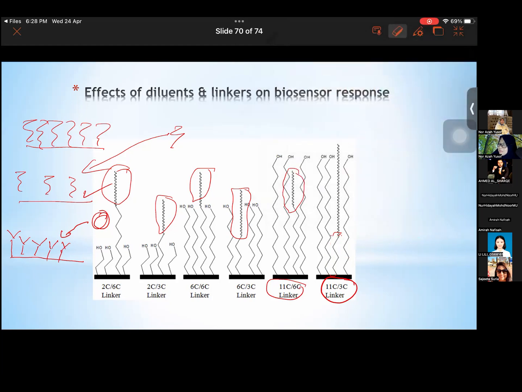Okay, and if you look here, there is another. Just now the linker was under the biomolecules, but there is also linker in between the biomolecules, right? This is what we call a spacer. Spacer is put there in order for you to space out the biomolecules. So if you look at these examples, we put spacer.